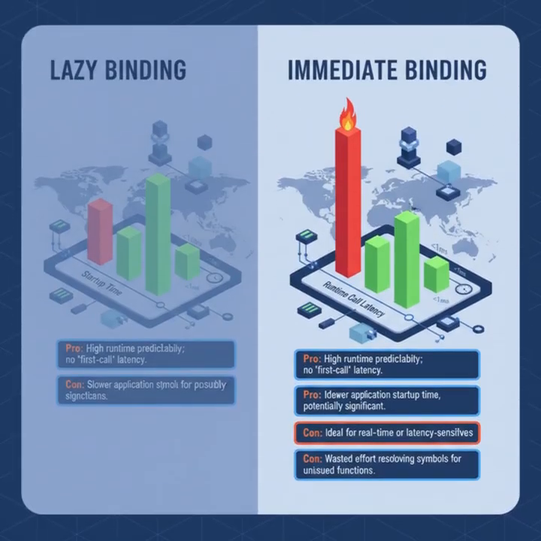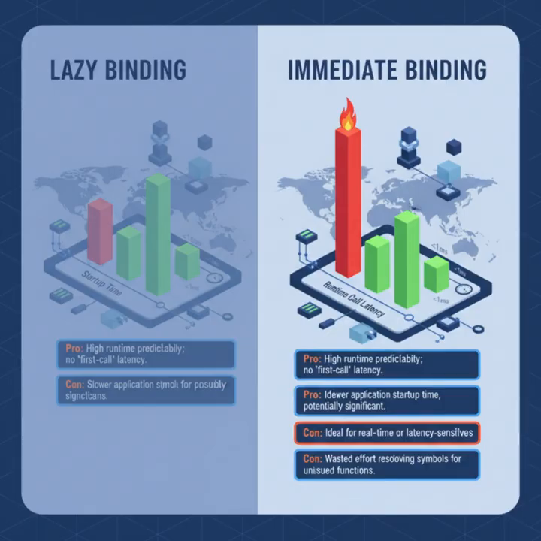The performance profile of immediate binding is characterized by a trade-off. The pro is runtime predictability. Since every symbol is resolved up front, there are no first-call latency spikes. This is critical for real-time systems, high-frequency trading platforms, or any application where consistent low-latency response is paramount.